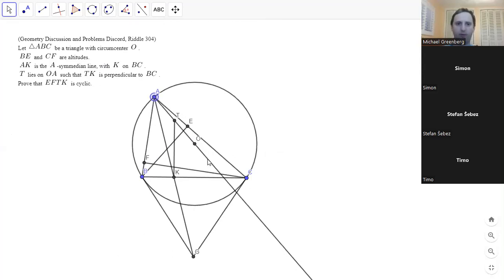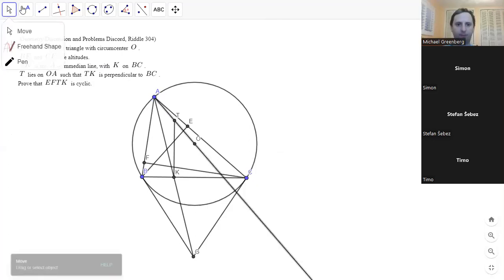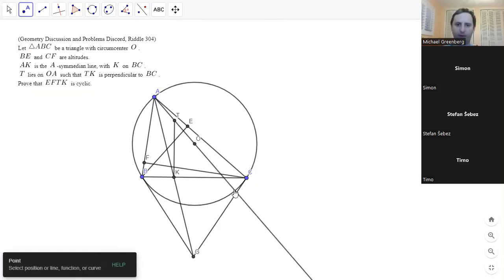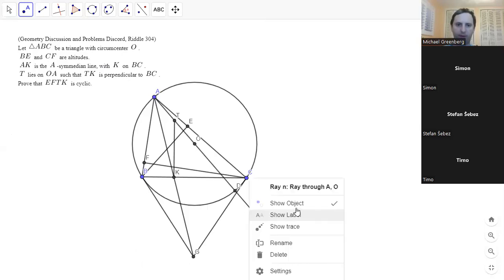Sometimes it's useful to have this point right here, so we'll draw that.